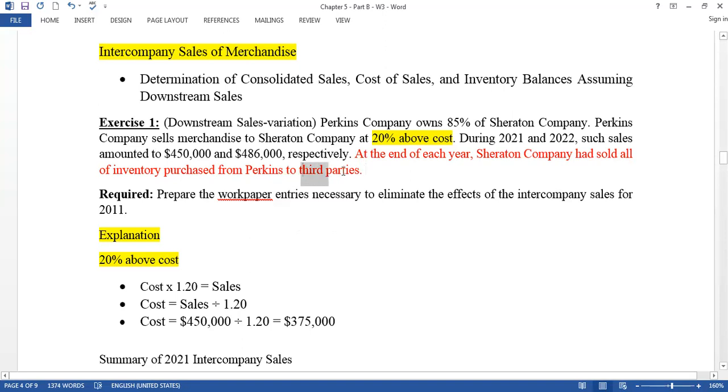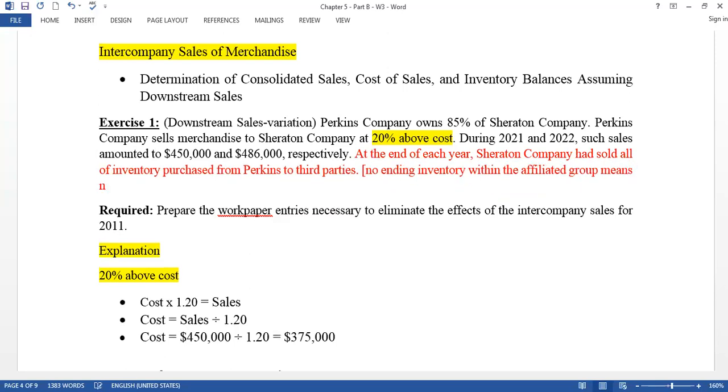So everything is sold to the third parties. The keyword is no ending inventory within the affiliated group. It means no unrealized profit.